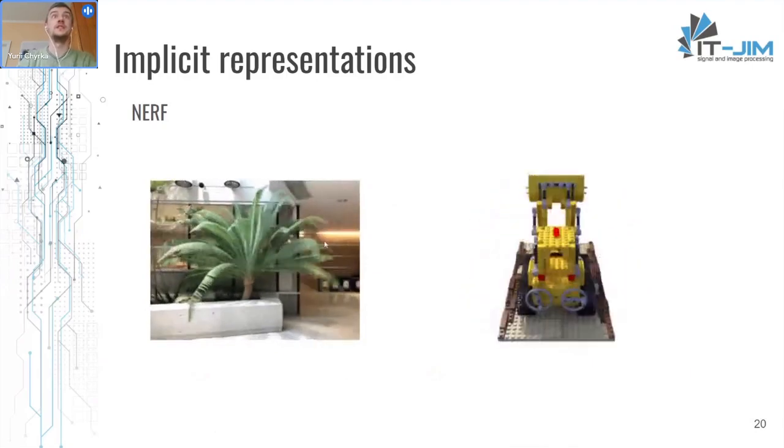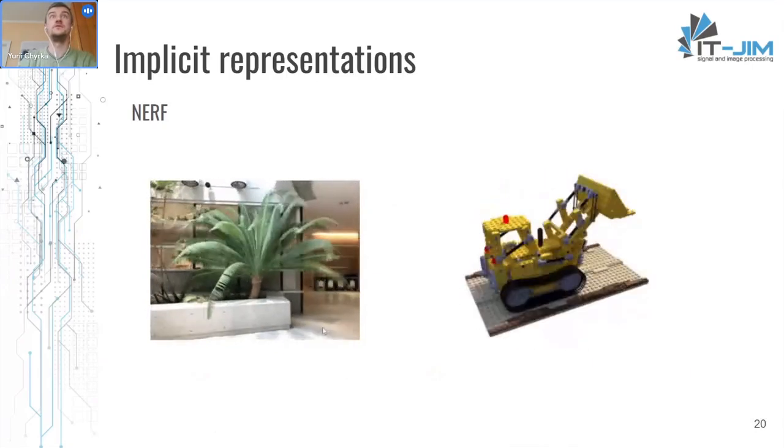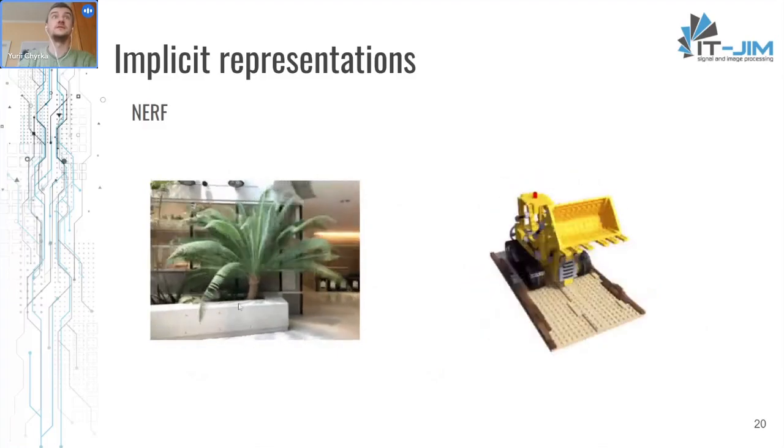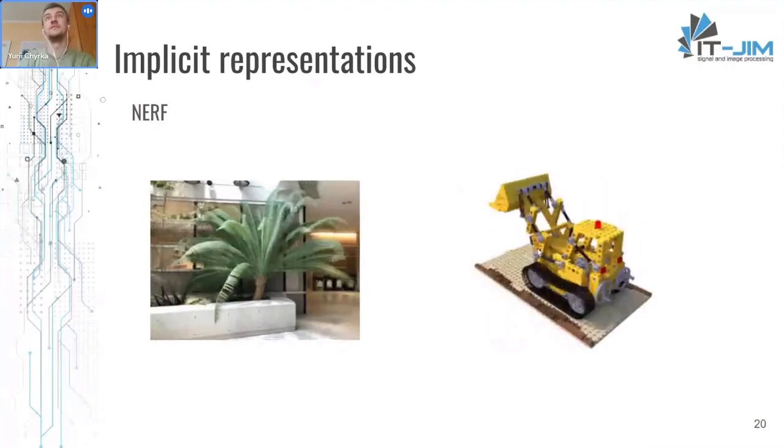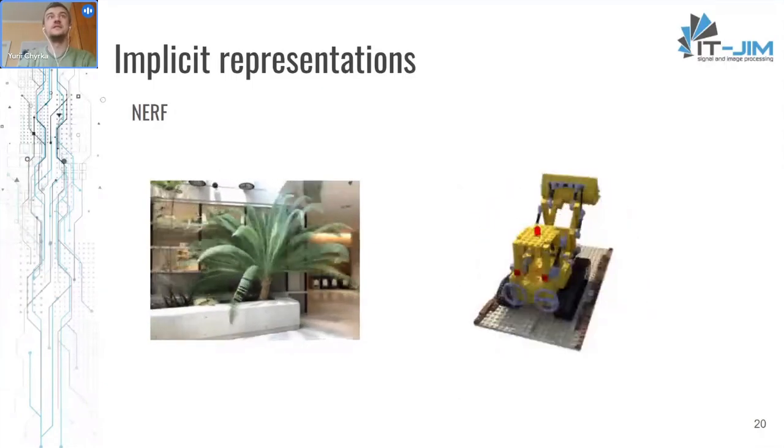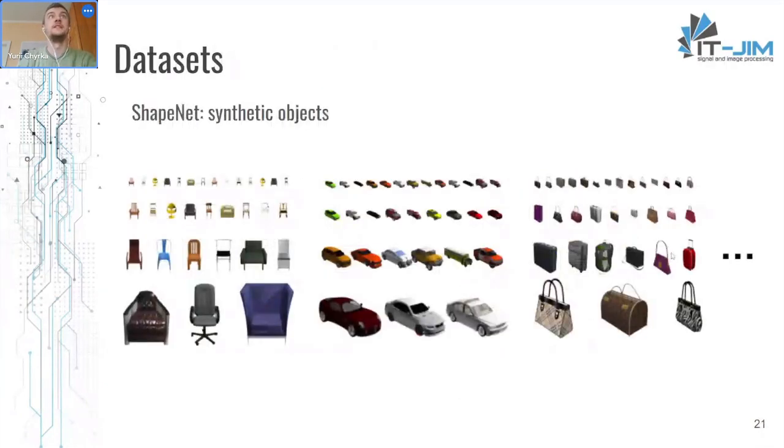So we have multiple rendered views of either such a scene or single isolated objects in the space. Here are a few examples of popular three-dimensional datasets like ShapeNet with a lot of synthetic single objects.